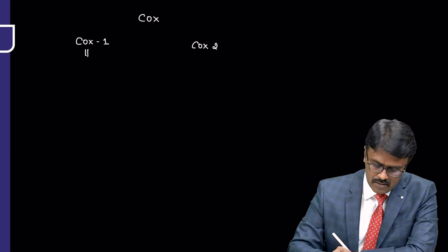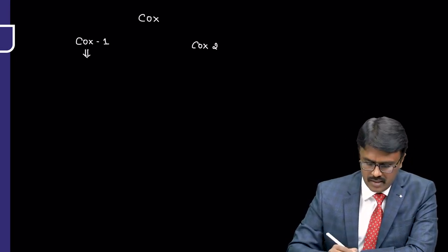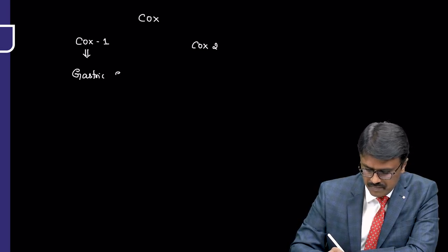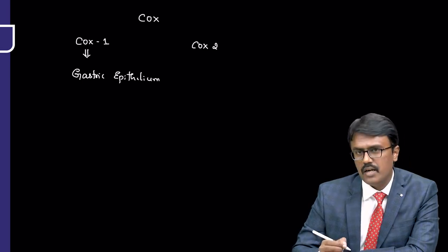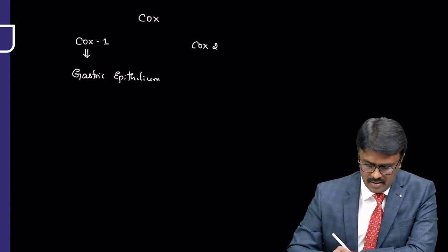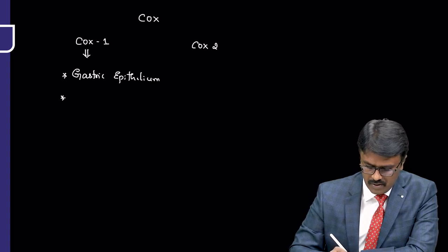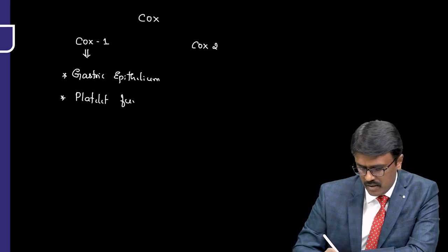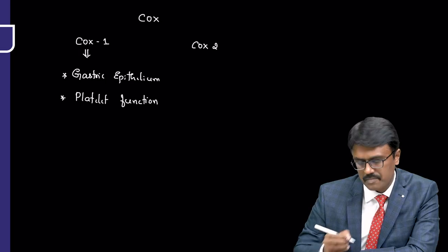Now, COX-1 is important. It is responsible for managing the gastric epithelium. It will produce the prostaglandins which protect the stomach from acid. Second, it is also required for platelet function.